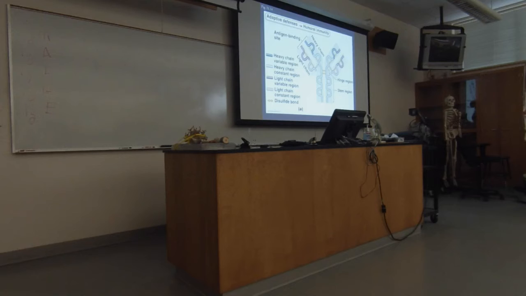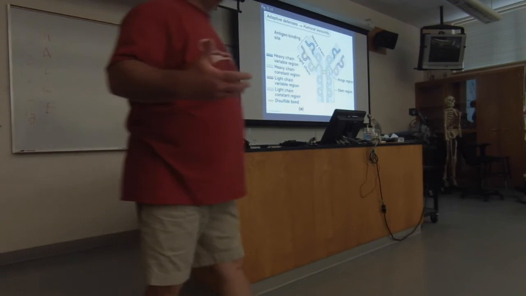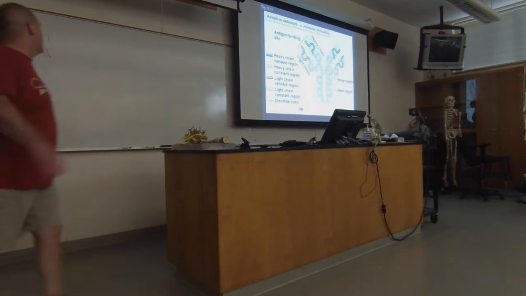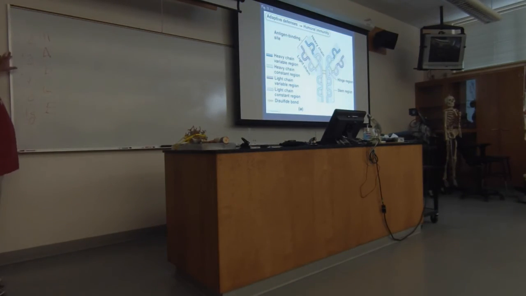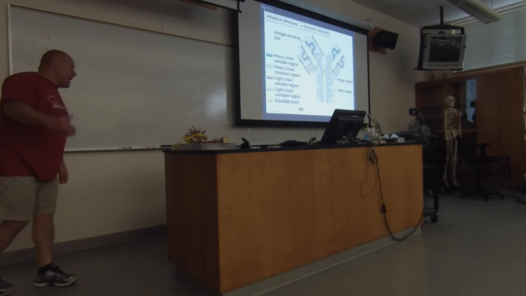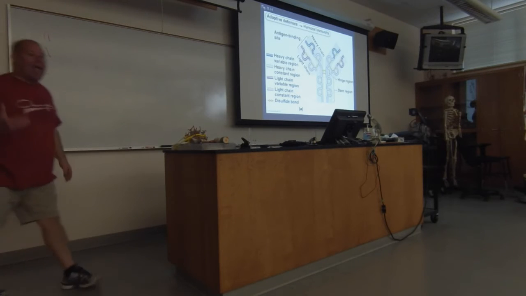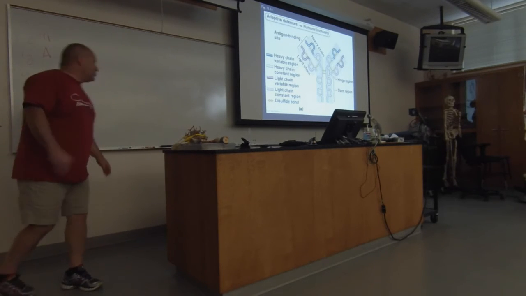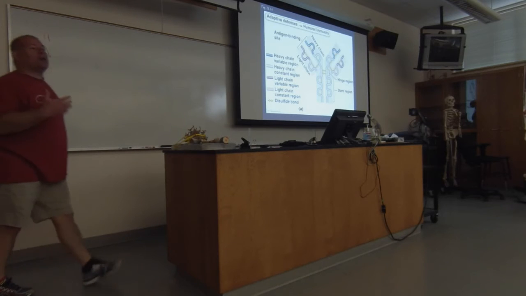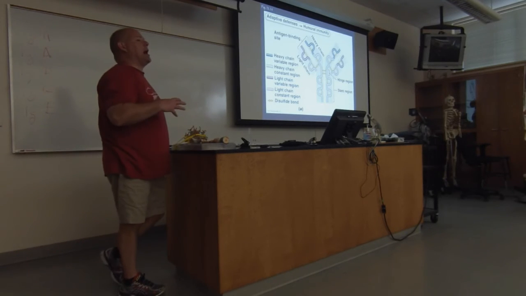Again, if we're going to use the same example, if I was exposed to bad guy A, I have an IgM for bad guy A. I have an IgA for bad guy A. I have an IgD for bad guy A. These are just classes, and the classes dictate where you're going to find these particular types of antibodies.